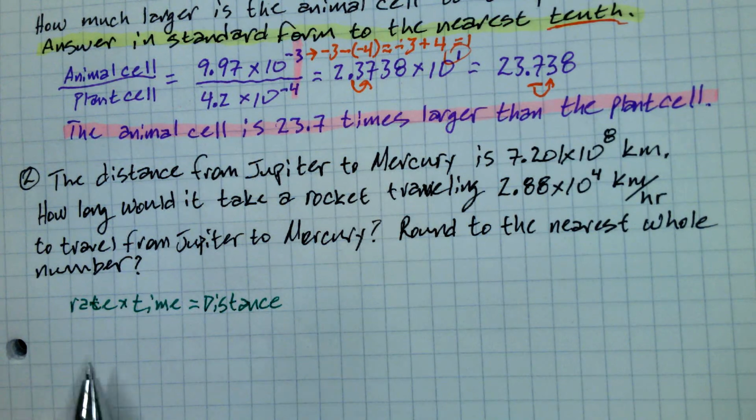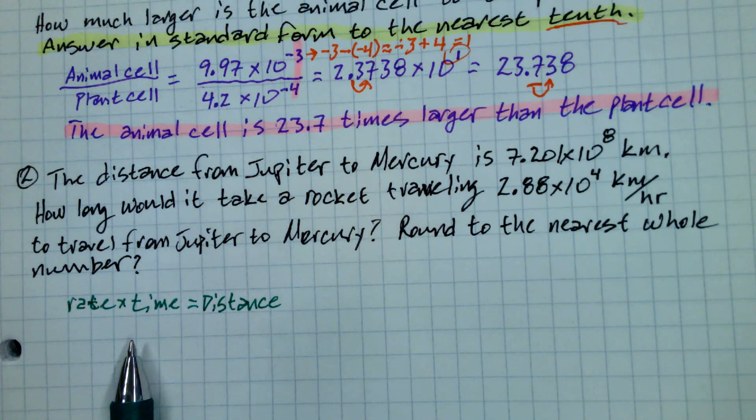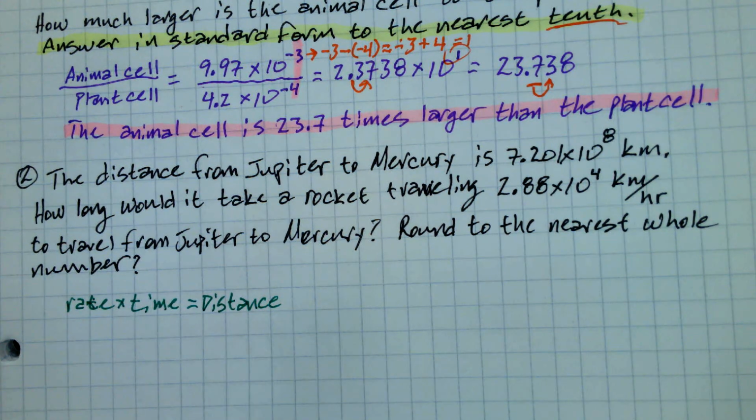Have you ever heard of that before? Rate, which is how fast you're going, multiplied by the time it takes you to travel there, will tell you the distance you traveled. So if you were going 60 miles an hour for 2 hours, that means you went 120 miles because 60 times 2 is 120. Okay? So that's a basic idea.